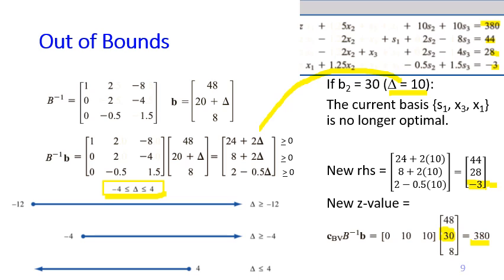We're going to solve this using the dual simplex that I will talk about in later weeks. So up to now, we can only say that this table is no longer optimal because the change of the right-hand side is outside of the allowable range. But we are going to solve this later using something called dual simplex.